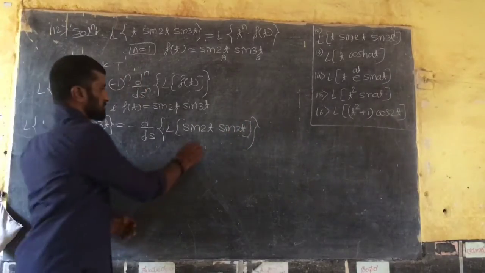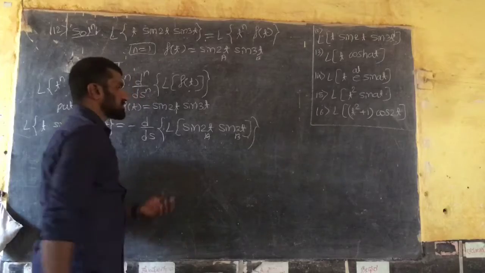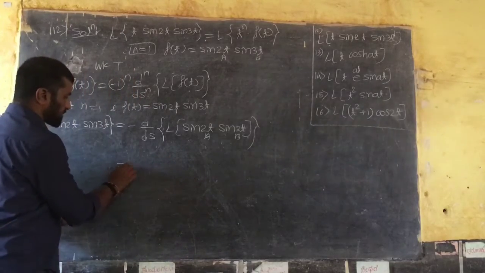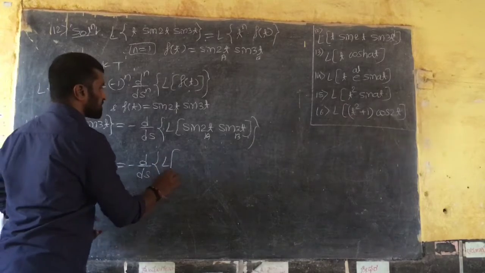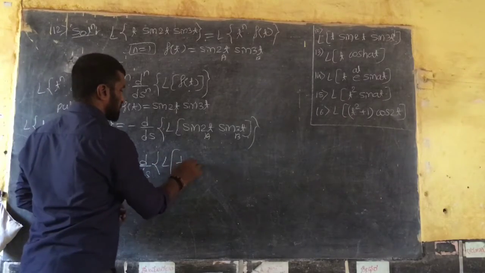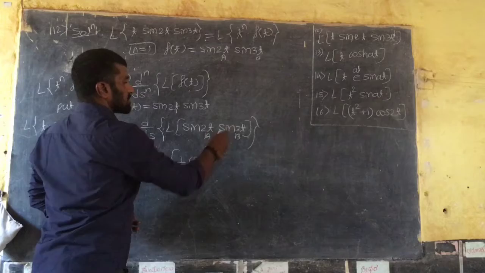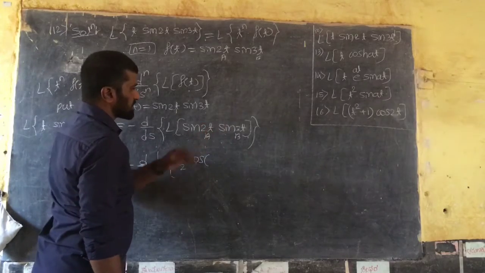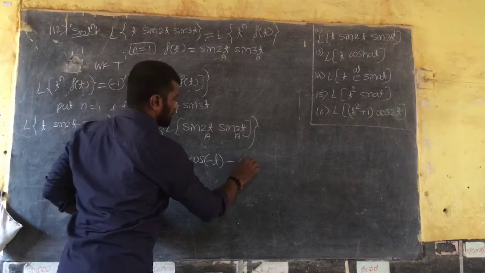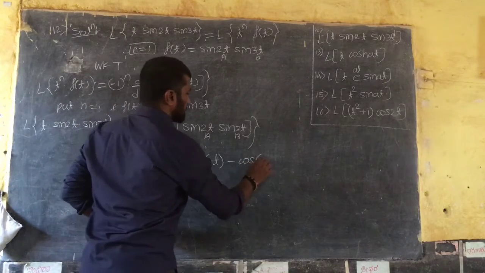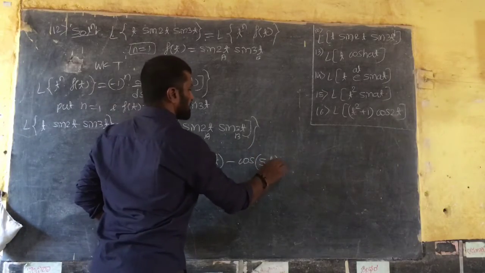Apply the sin A into sin B formula. So that equals minus d by ds of Laplace of half of cos of (A minus B), 2t minus 3t, which is minus t, minus cos of (A plus B), 2t plus 3t is 5t.